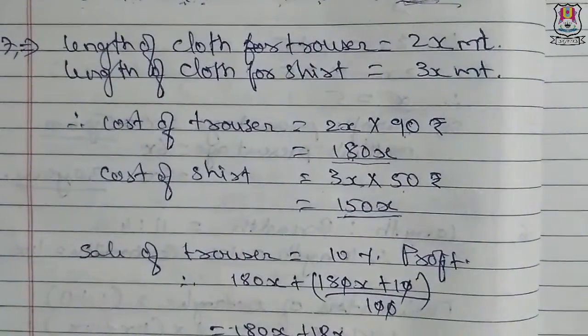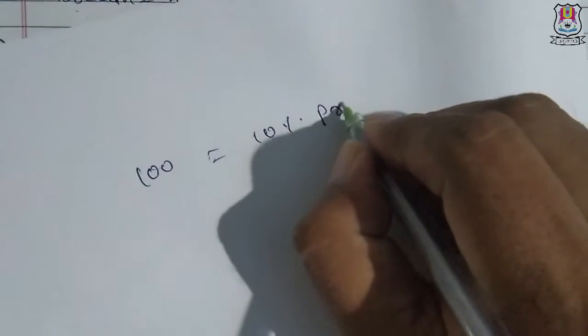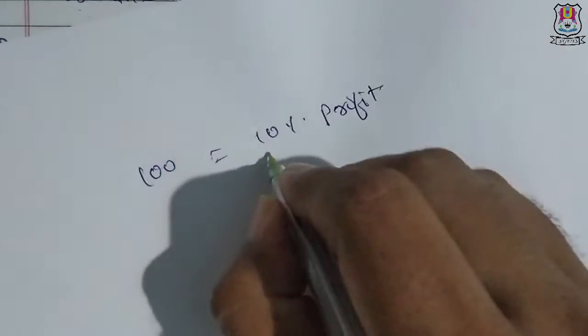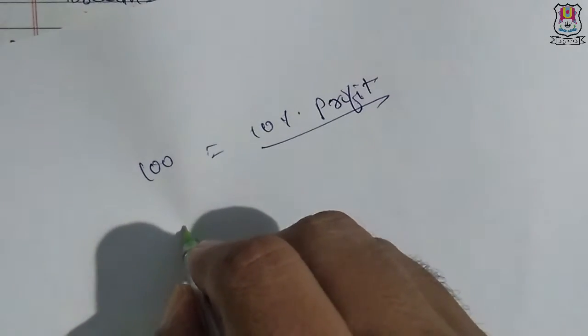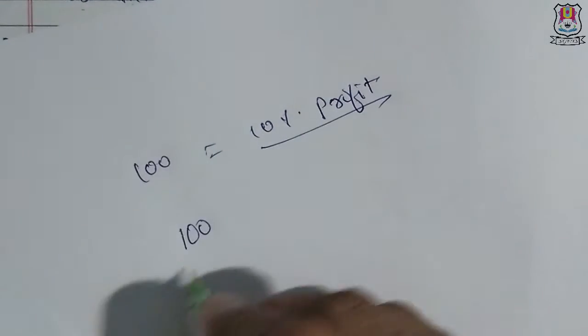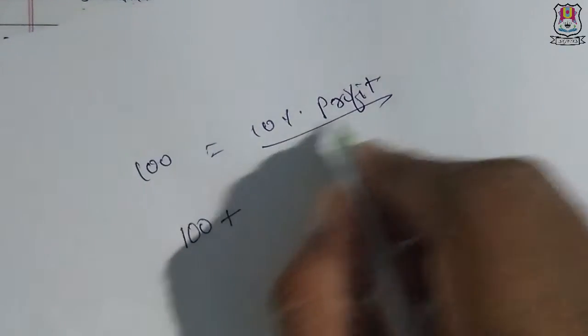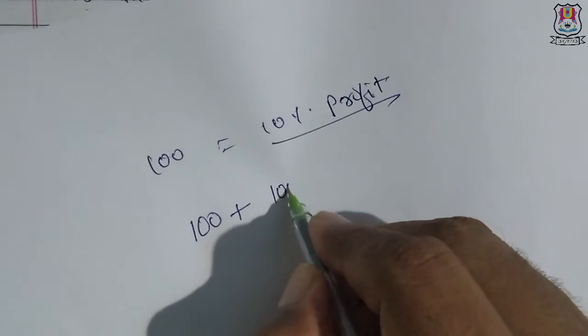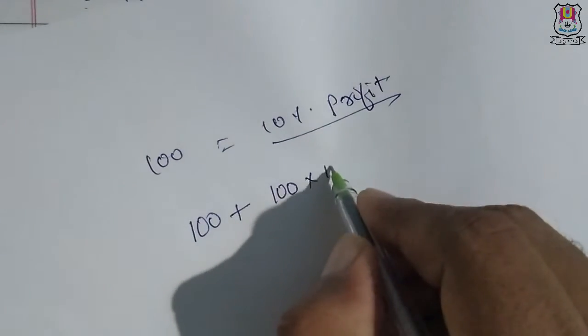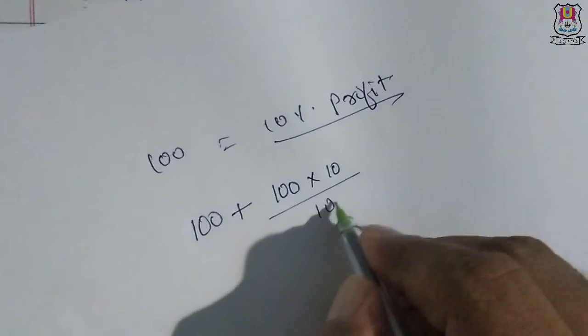Let's see how with an example: you bought a pen at 100 rupees and you want 10% profit on it. So 100 rupees is the pen, plus 10% profit: 100 multiplied by 10 upon 100.